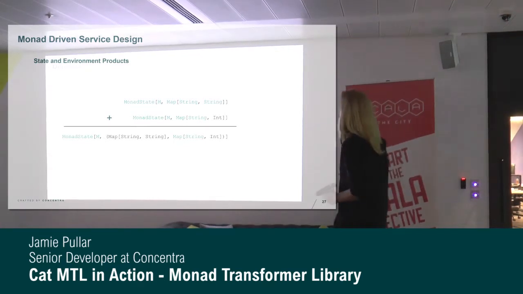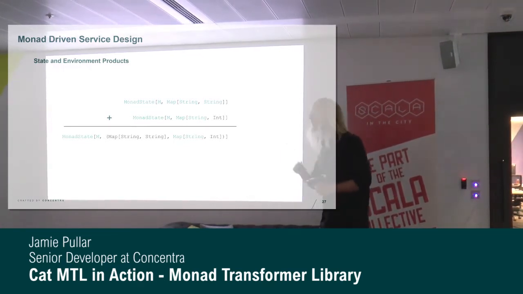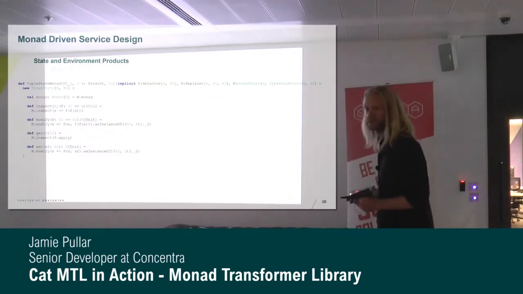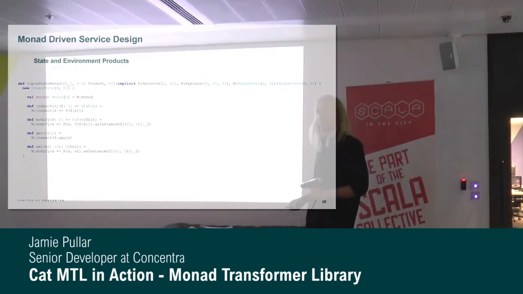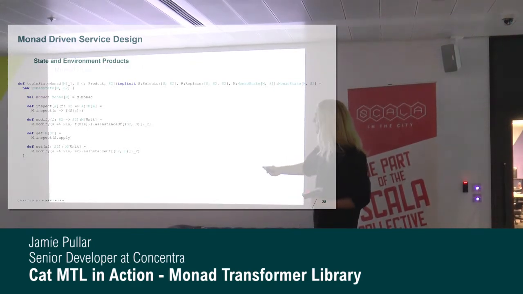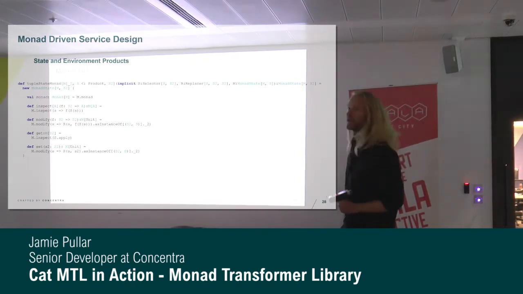And because you've got all the type information, as long as your types and all of your state elements are separate, map string string, map string int, they're different, we can use the selector and the replacer object from Shapeless to look through that type, and it can take this full monad state object here, M and S, where S is the product, the full set, and just give us a monad state type class with just that individual element inside that tuple.